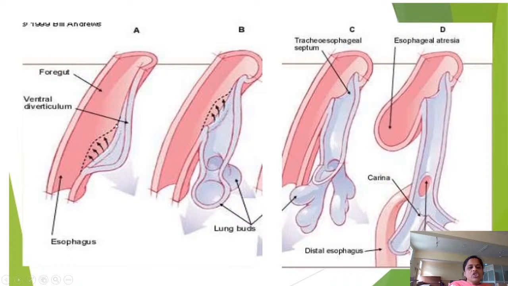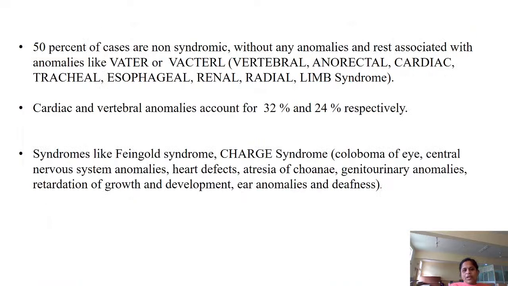There is a layer of connection, a ventral diverticulum, from which the lung buds form. This tracheoesophageal septum has to close properly so that the trachea and the lung buds develop separately. But when that doesn't happen properly, there is a misconnection or the septum doesn't close, and there is a fistula or atresia with fistula.